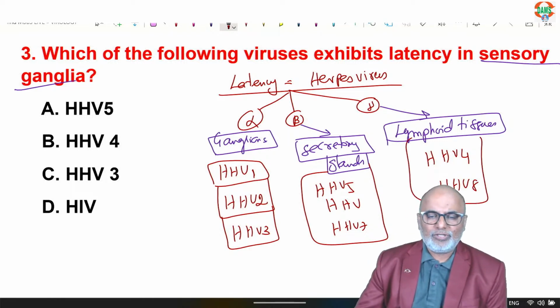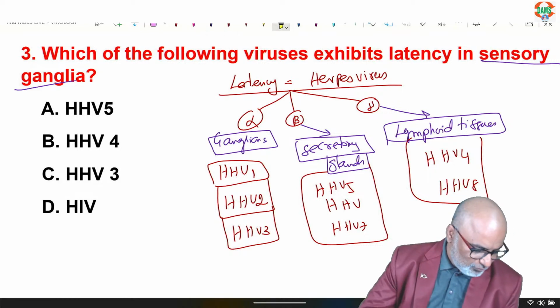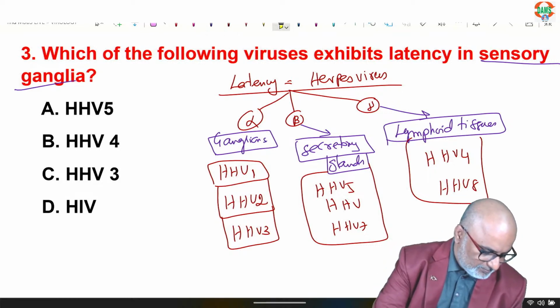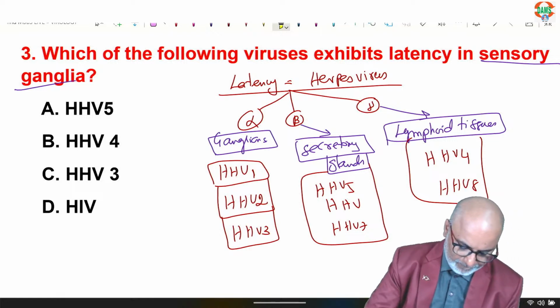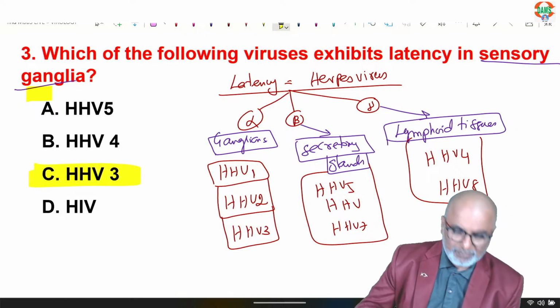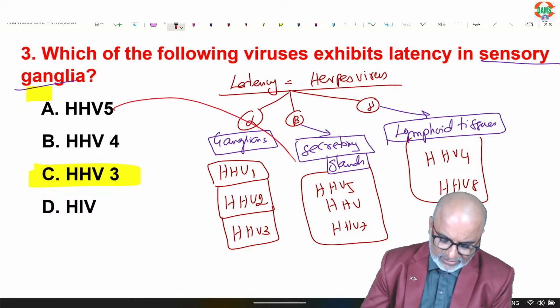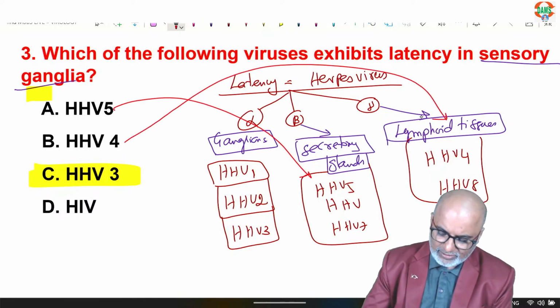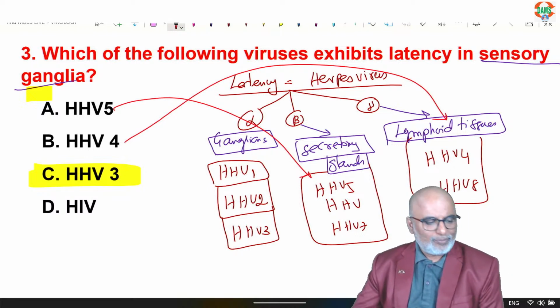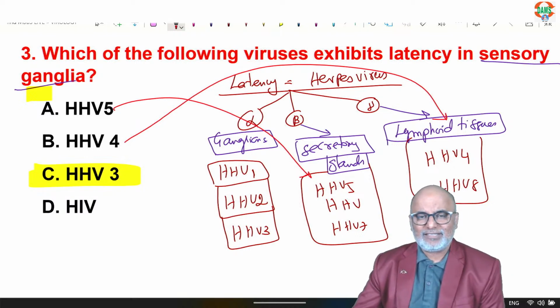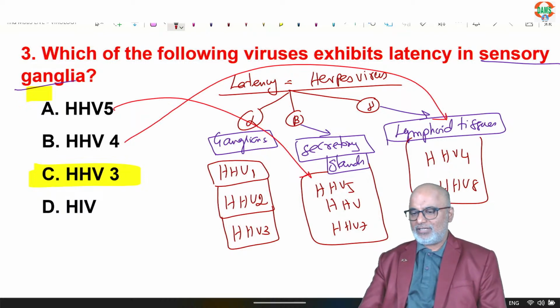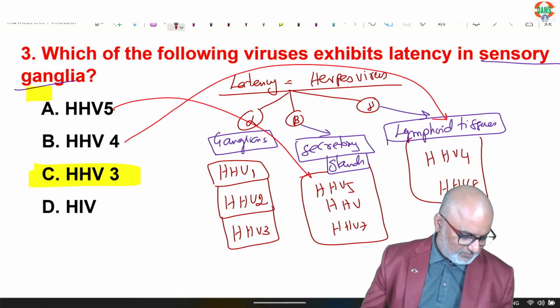So ganglion is 1, 2, 3. Go for 3 as the answer, human herpes virus 3, because 5 settles in secretory glands and 4 usually has latency in lymphoid tissues. HIV usually targets CD4 cells. Got it? Latency in ganglia is human herpes virus 1, 2 and 3.